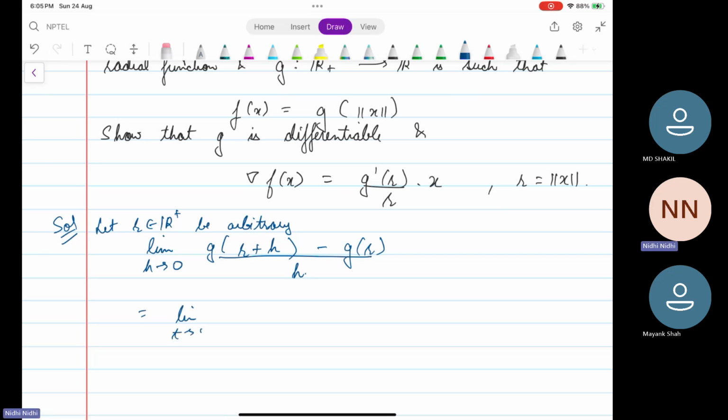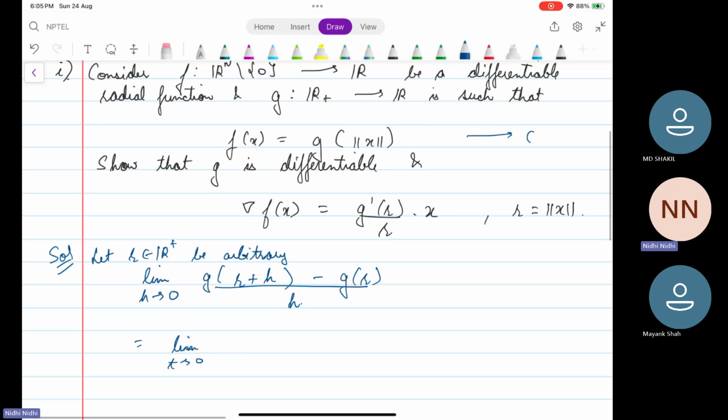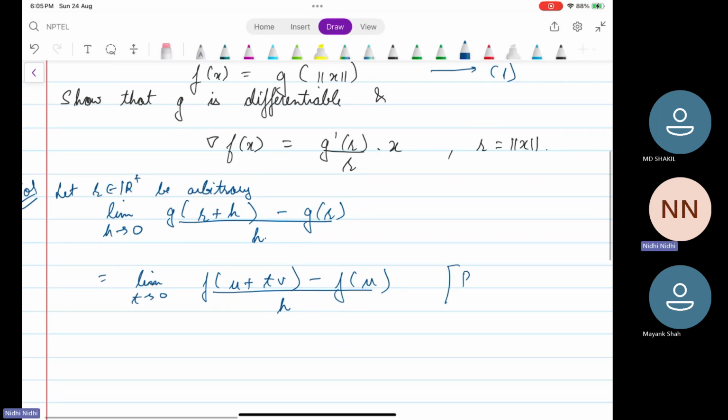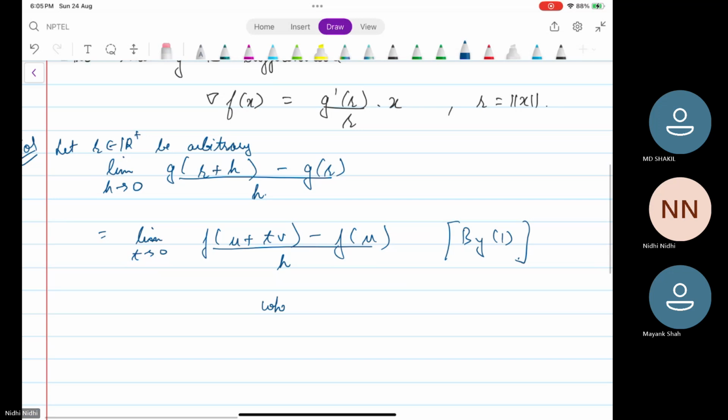limit t tending to 0, so if I mark this as 1, this is (f(u plus tv) minus f(u)) by h. This is by 1, where u is such that norm u is equal to r.